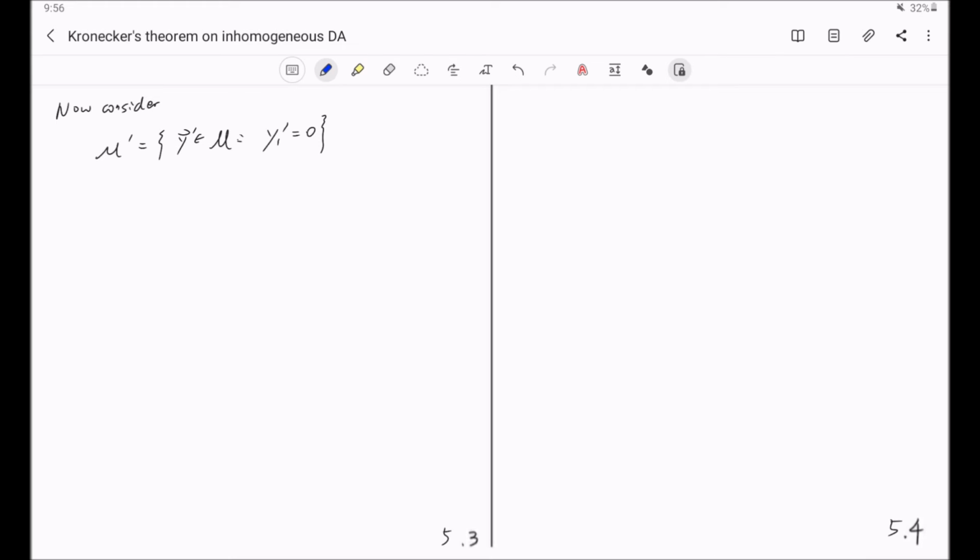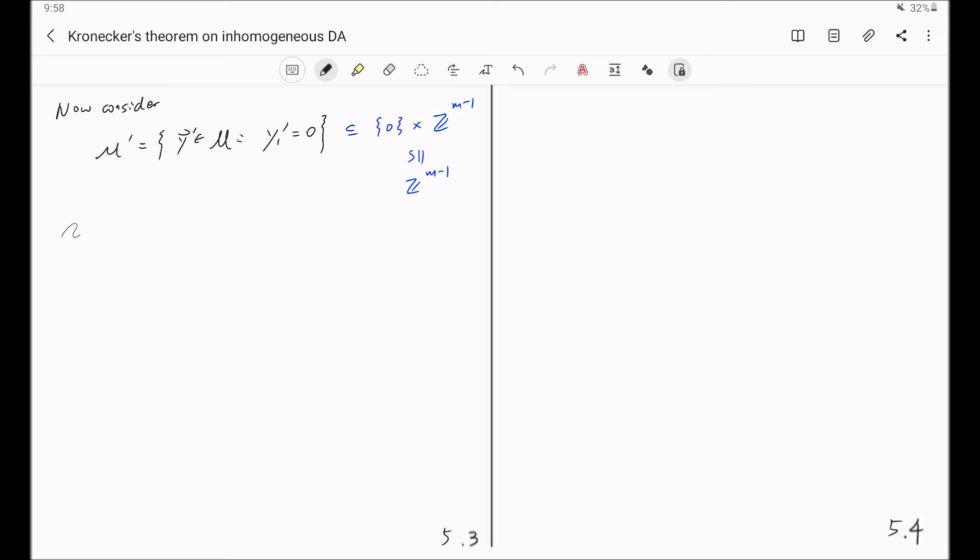Then you can easily see that this M prime is also an abelian subgroup of Z^m. And you can think of this as a subgroup of the product of 0 and Z^(m-1), which can be identified with just Z^(m-1).